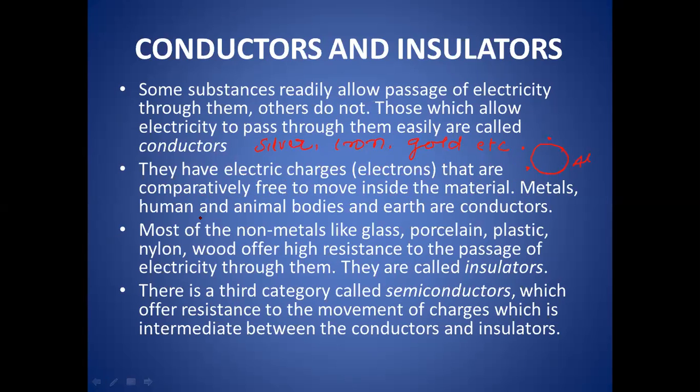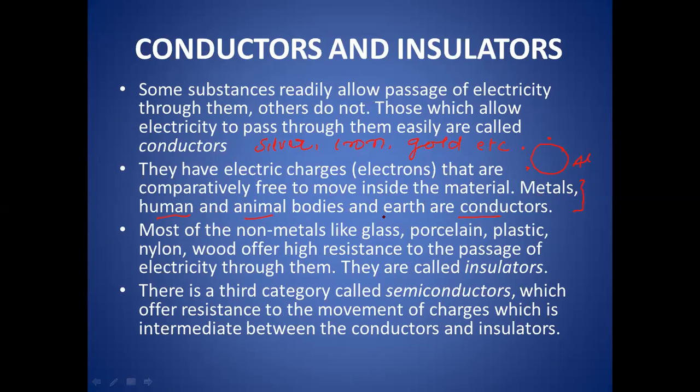Metals, human and animal bodies and earth are good conductors. These are some other examples: metals like silver, iron, gold, etc. Animal bodies, the human body and the earth are also conductors, meaning they can pass electricity easily.